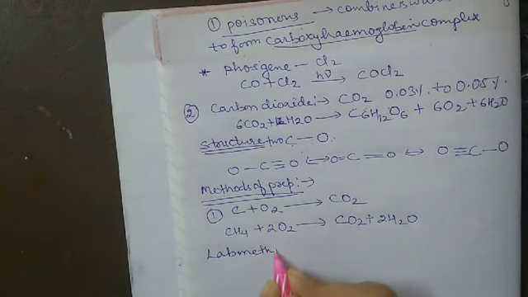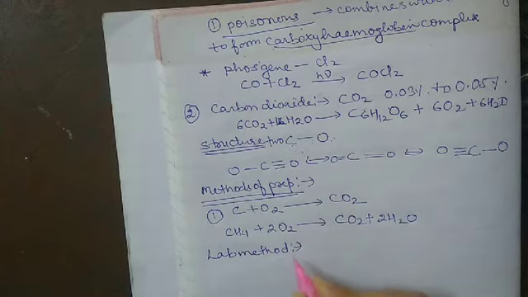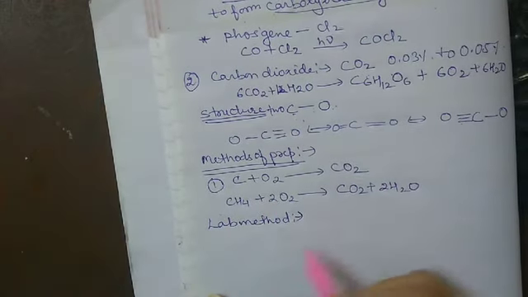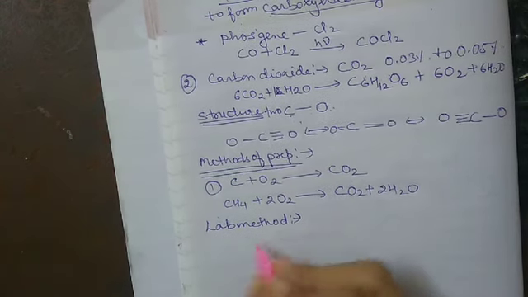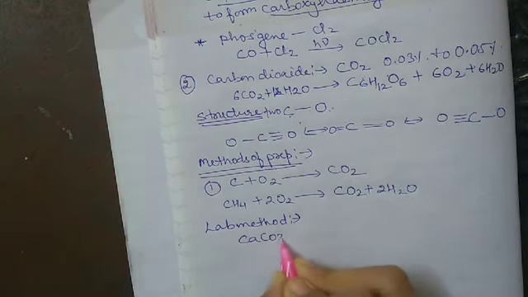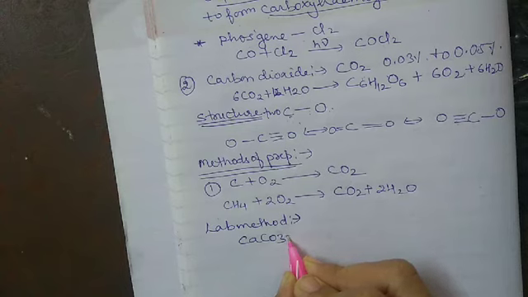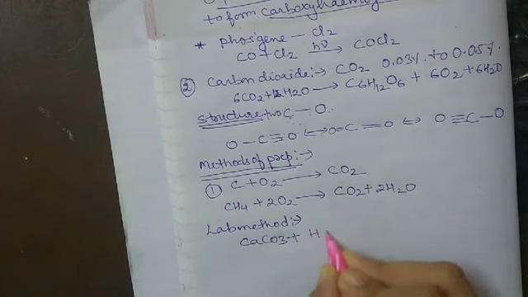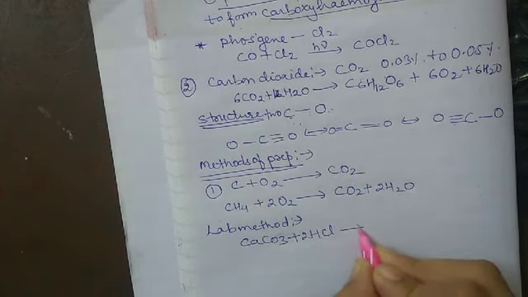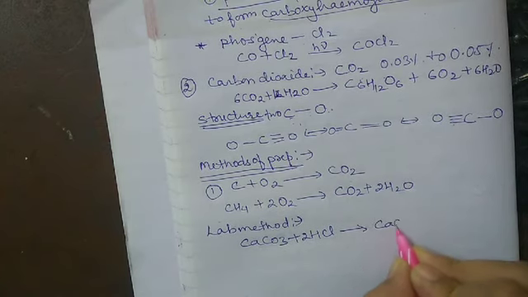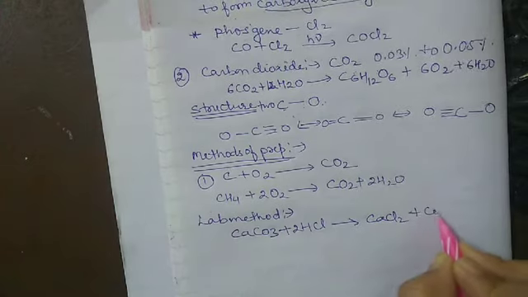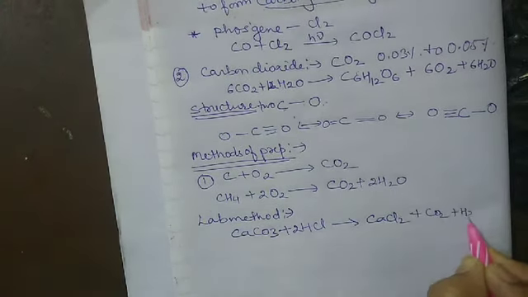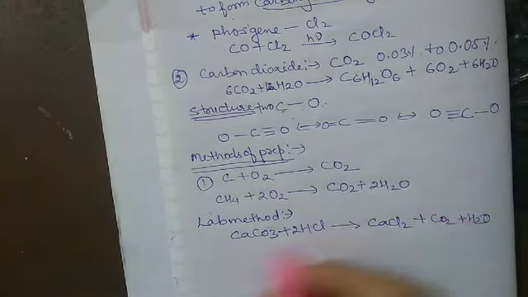In the laboratory method, it is obtained by treating calcium carbonate, CaCO3, with dilute hydrochloric acid. By this reaction we get calcium chloride, CaCl2, plus CO2 plus H2O. So this is another method. Now one more method is there.